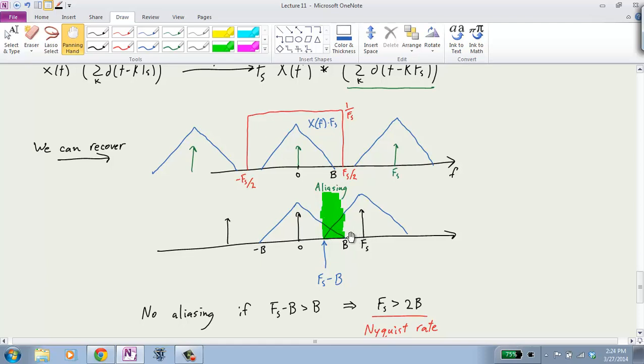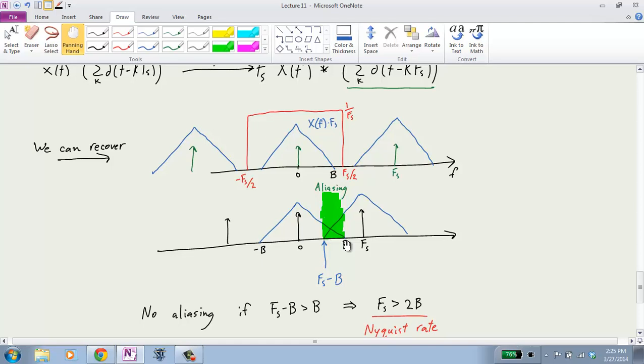You reduced the sample rate so much that the other copy of that delta function, the negative copy of it, came over and became lower in frequency. It switched places as you reduced the sampling frequency because the two copies come together. So it switched places and became an artifact. What was a higher pitch all of a sudden was interpreted as a lower pitch by the speakers. They couldn't tell the difference.